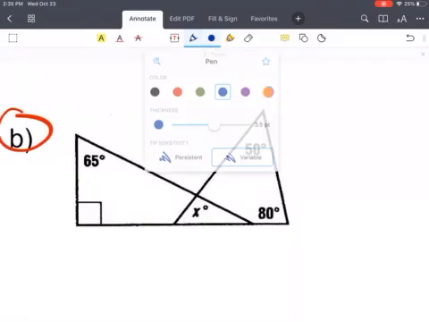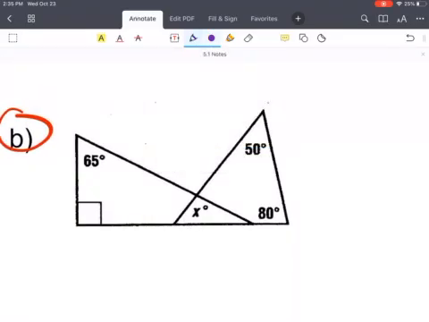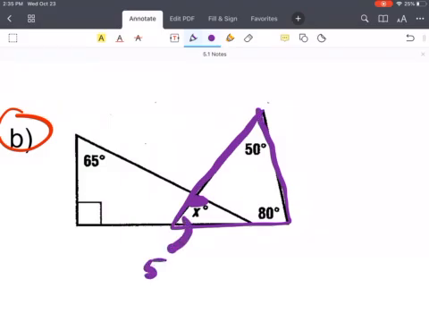And in this one, we have 3 different triangles. And so for this one, x is actually intended to be right here. So in this first triangle, x is not a part of that. So this angle is going to have to be 50 degrees.